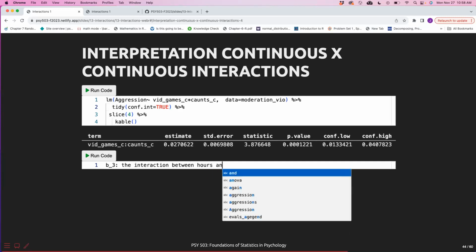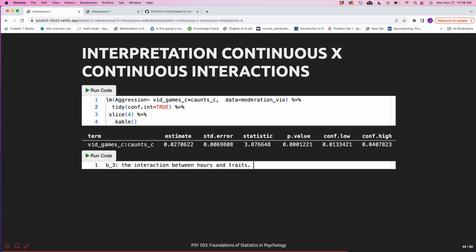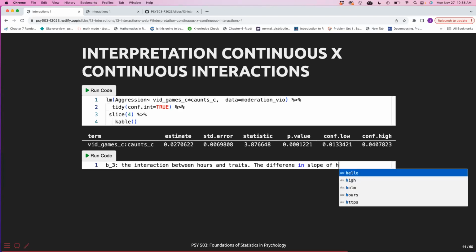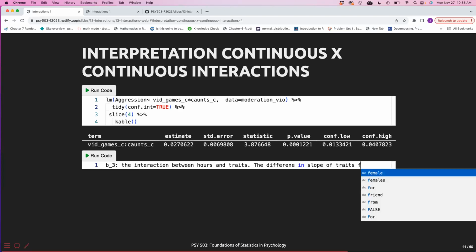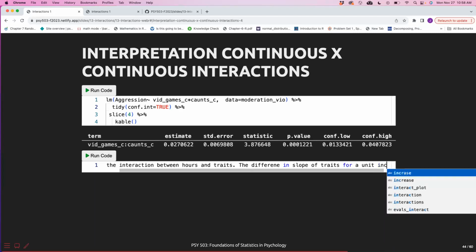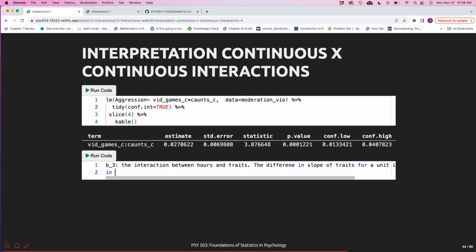Between hours played and traits. So this is going to be the difference in slope of traits for a 1 unit increase in hours played, right? So as we increase in callous-unemotional traits, how does the slope change between video games and aggression scores? That's our interaction term here.